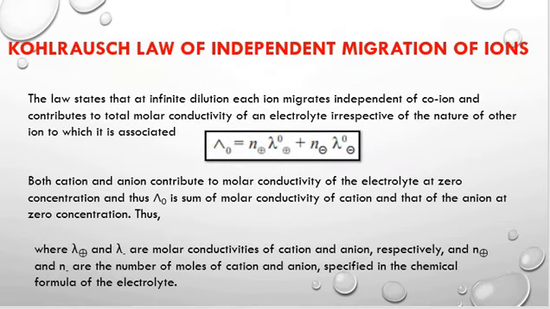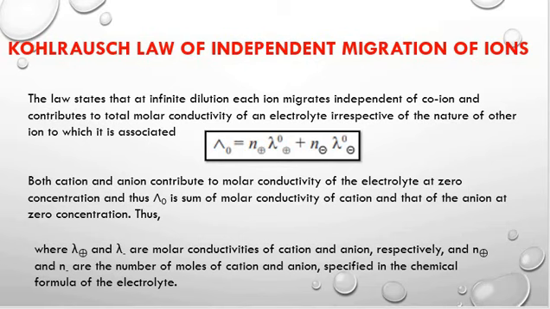Kohlrausch law is the law of independent migration of ions. The law states that at infinite dilution, each ion migrates independent of its co-ion and contributes to the total molar conductivity of the electrolyte irrespective of the nature of the other ion to which it is bonded or associated.